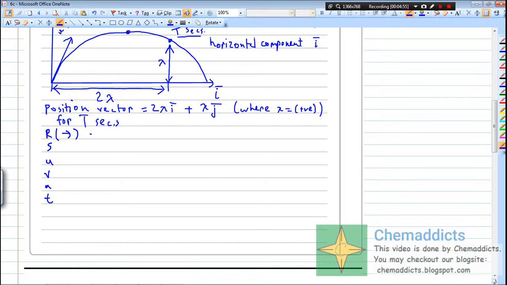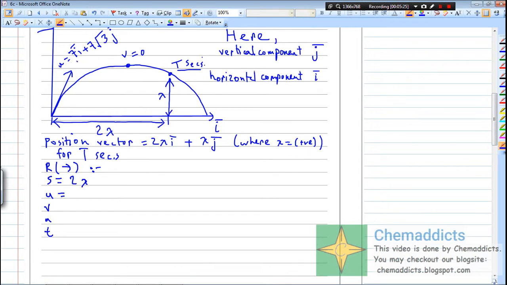Since we are resolving horizontally, s would be the horizontal displacement, which is twice lambda. u would be the horizontal velocity, which is constant since there is no force in the horizontal direction, so u would be 7. v would also be 7, since the velocity is constant.